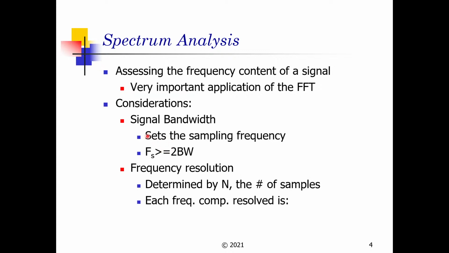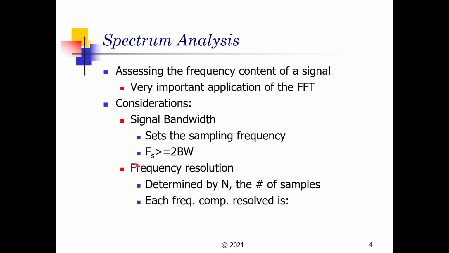Now, when considering the FFT and taking samples to convert a continuous time signal to a discretized time signal, we pay attention to the Nyquist frequency, meaning that the sampling frequency must be greater than or equal to twice the bandwidth of the signal's frequency, the bandwidth here being the highest signal frequency of the continuous time signal.